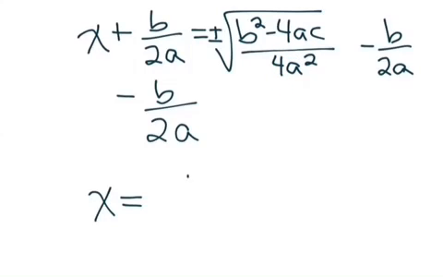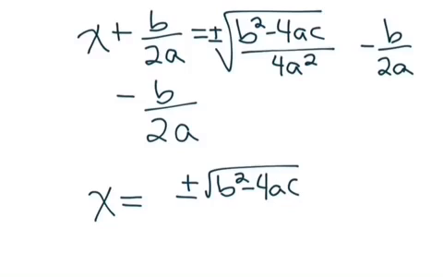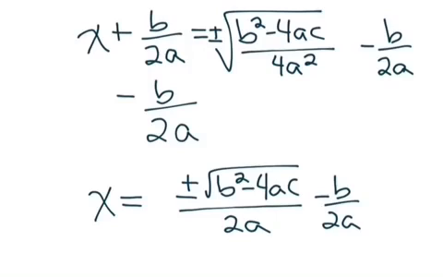So we're left with plus or minus the square root of b squared minus 4ac on top, but the square root of 4a squared is 2a, so we have 2a on the bottom, and now we can actually combine these, so minus b over 2a. So what we can do then is just add this to the numerator, and we put it in front here, so we have negative b plus or minus the square root of b squared minus 4ac, and now it's all over 2a.